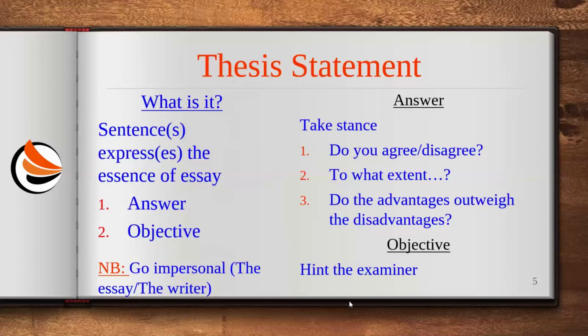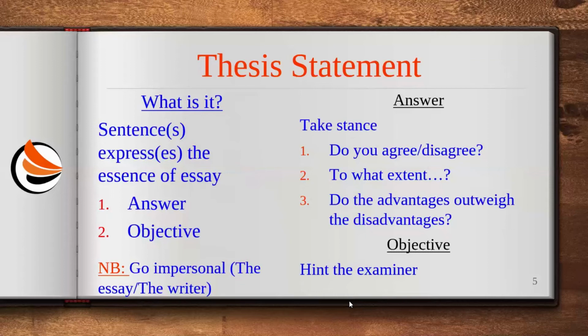Or if you want to write your answer, do you agree or disagree? This essay is in agreement with the assertion that education is very relevant to the development of any economy, if that is what the question is asking you to do.